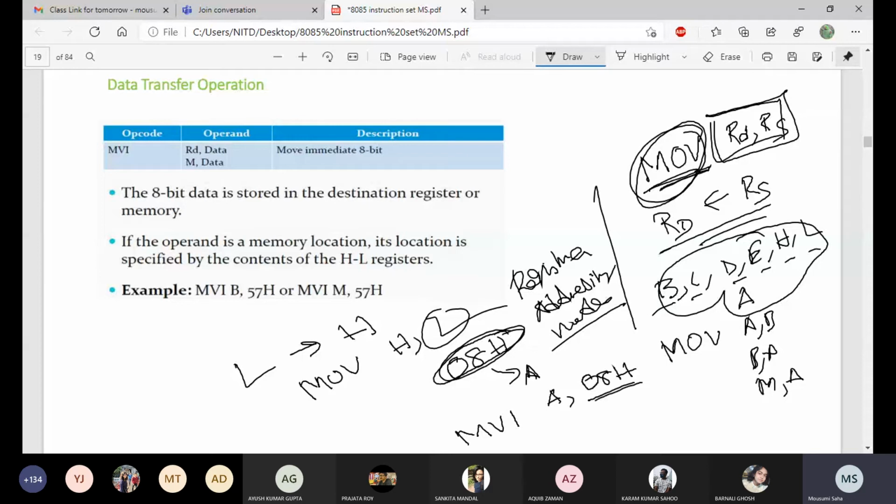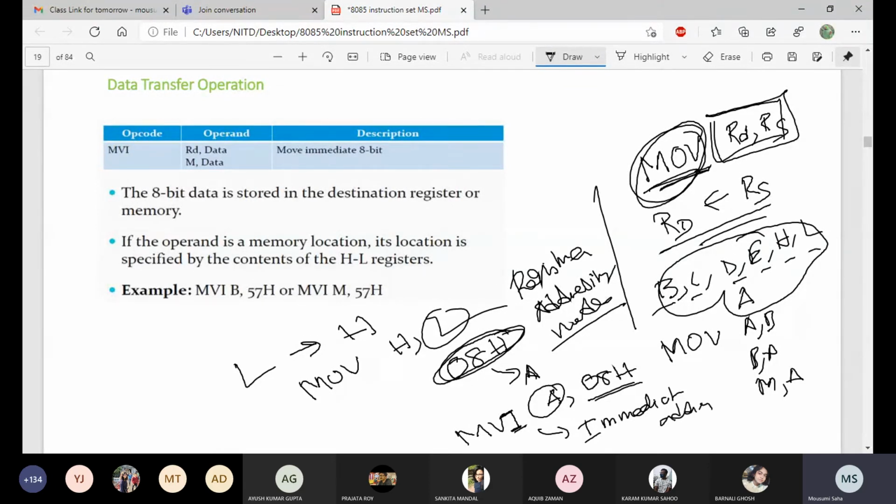That 08H data you can store into the accumulator. So at that moment we use another type of instruction called the move immediate instruction, MVI, and this is called immediate addressing.